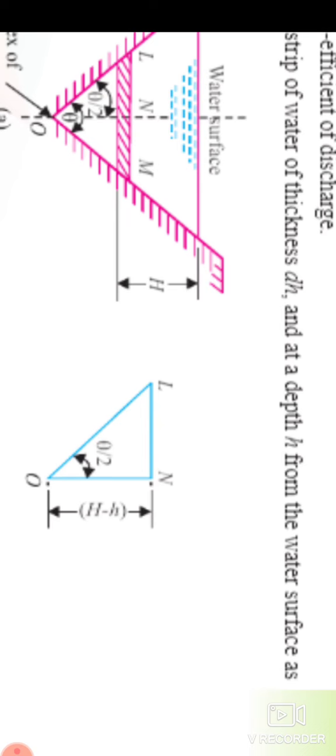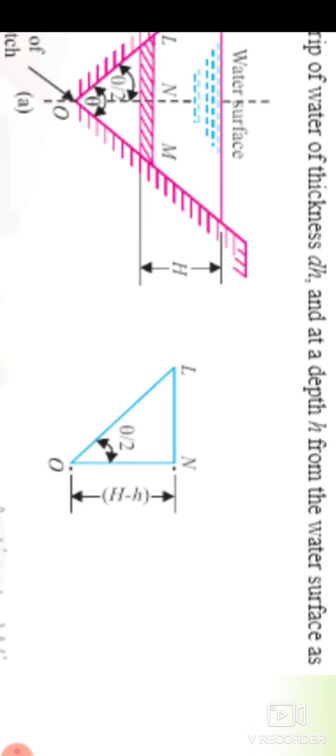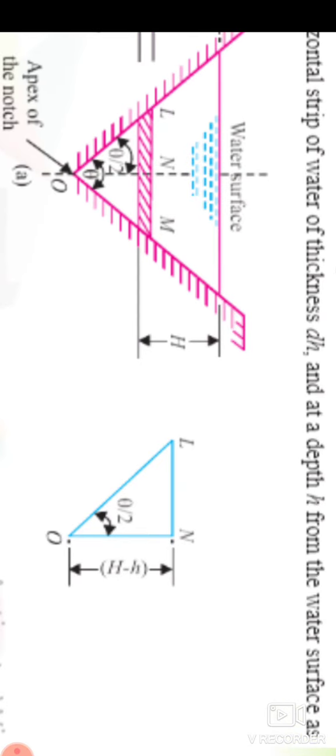So look here, ln by on is nothing but H minus h, the capital H minus h. In this triangle, the distance is the capital H minus the small h, because we consider a small strip to derive the expression.